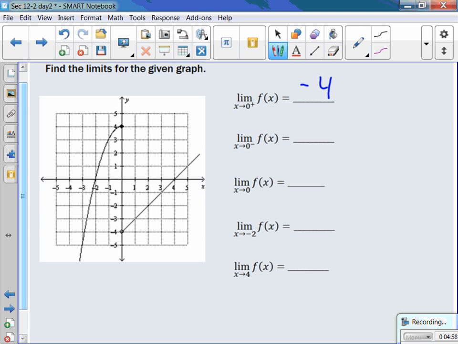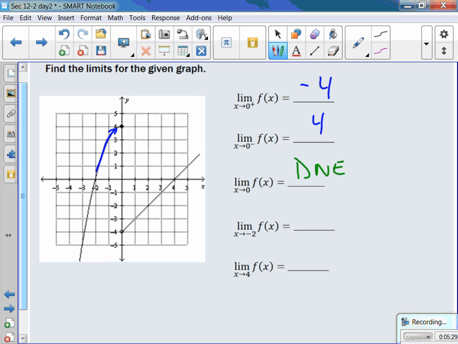From the left, where are we now? We're on the other graph, the curved graph. As I get closer and closer to x equals 0, it looks like I have a value of 4. So then what is my limit as x approaches 0? Absolutely. Since 4 and negative 4 are not the same, no limit exists.